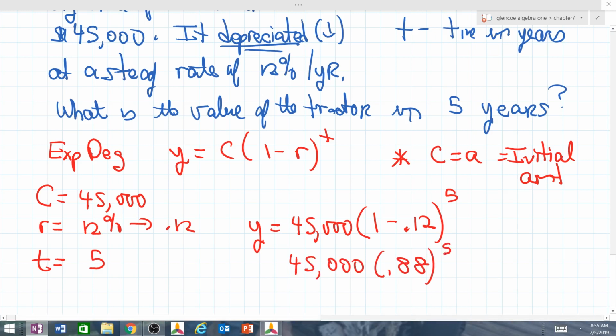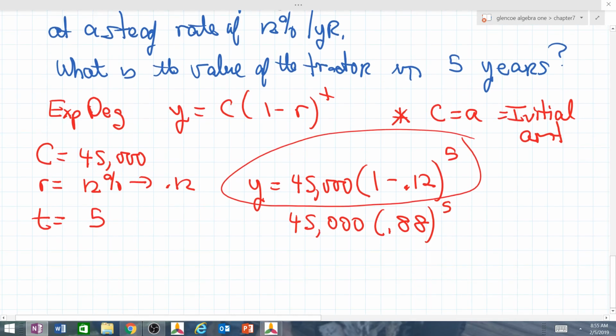Let me make a comment. On a test, can everybody look? On a test, this right here is what I need to see. If you hit wrong numbers after that, at least you can get credit that you had the formula correct. So now you're going to multiply, take 0.88 to the power of 5, and you should get 0.527731917. Yes? Multiply that times 45,000. And so, what's it worth after 5 years?